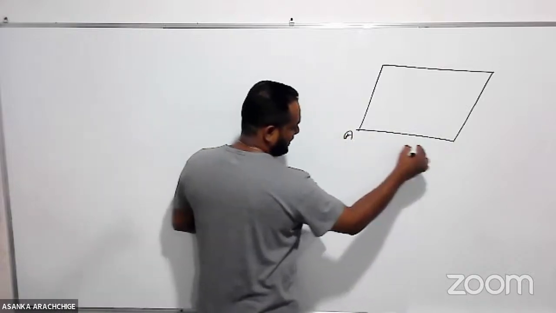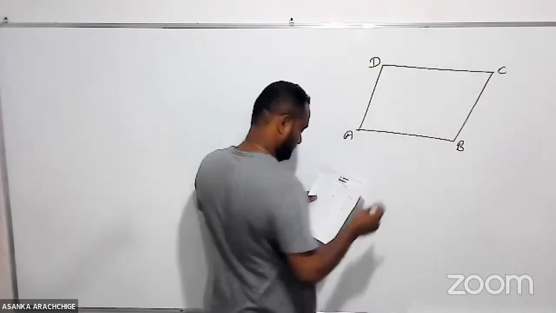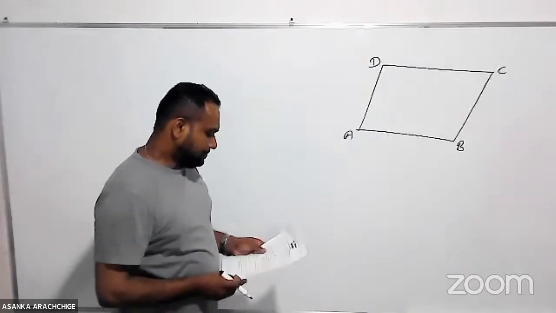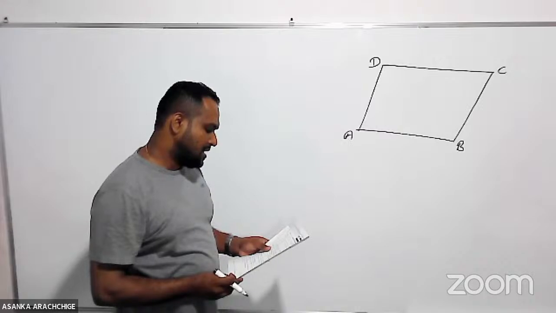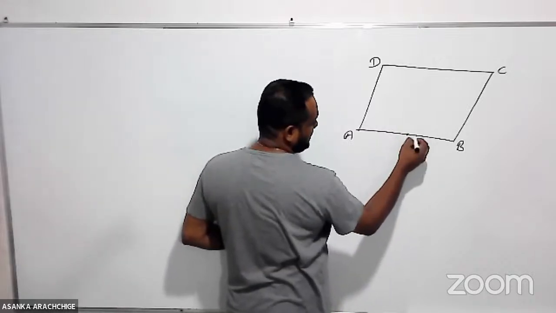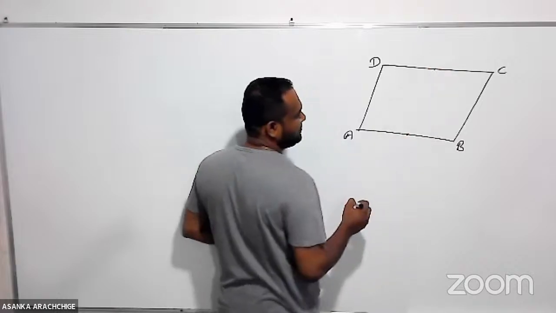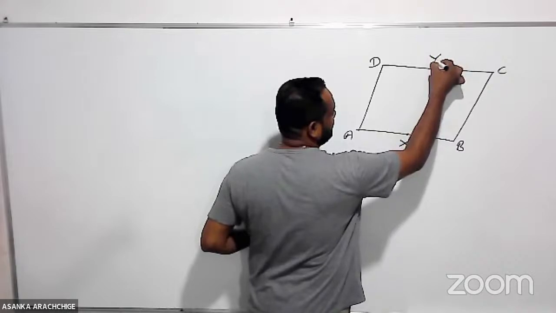This is the point A, here B, C, D. X and Y are the midpoints of AB and CD respectively.